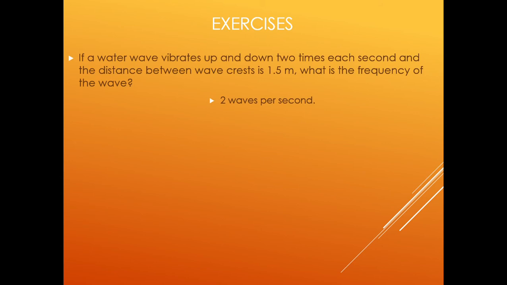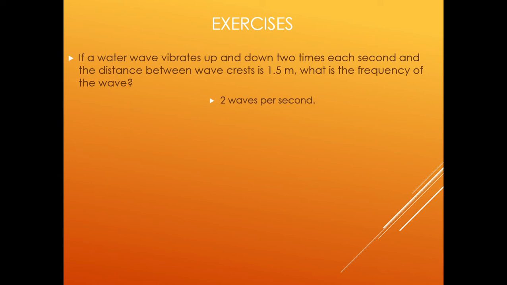And now we're going to jump to some exercises to exemplify how we're going to use the formulas from before. So here we have: if a water wave vibrates up and down 2 times each second, and the distance between wave crests is 1.5 meters, what is the frequency of the wave? Something very important is to analyze the term frequency.